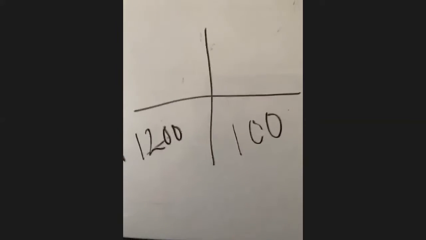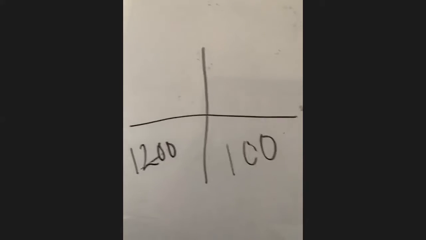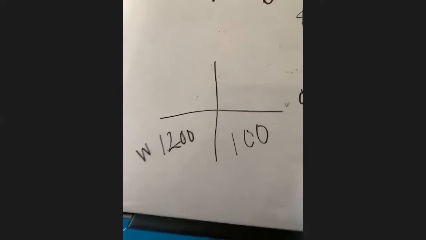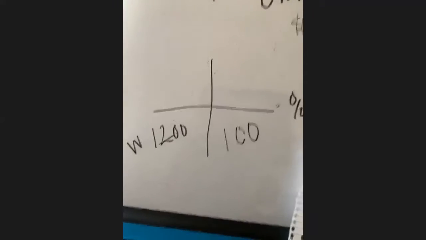And so we're gonna try to figure out, wait a minute, give me 1 second. I'm trying to, this computer is crazy. All right, so what we're gonna do is try to find out what is 15% of 1,200.